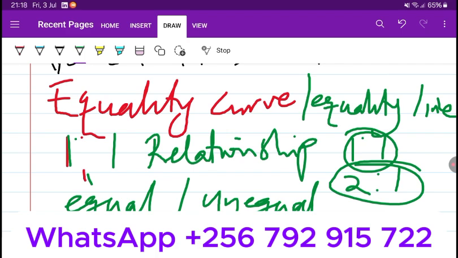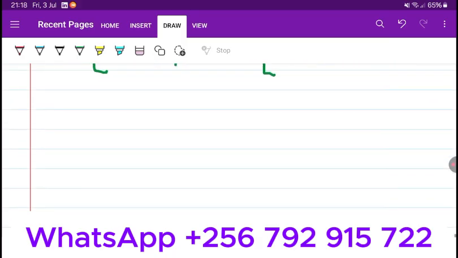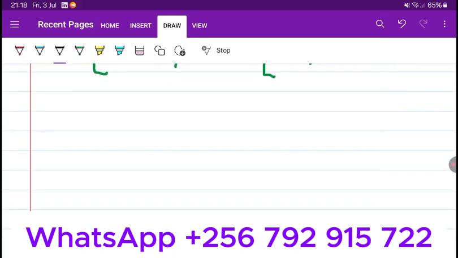So we need to look at the steps, because we will understand this more when we have done a practical simulation. So let's look at the steps for drawing a Lorenz curve.